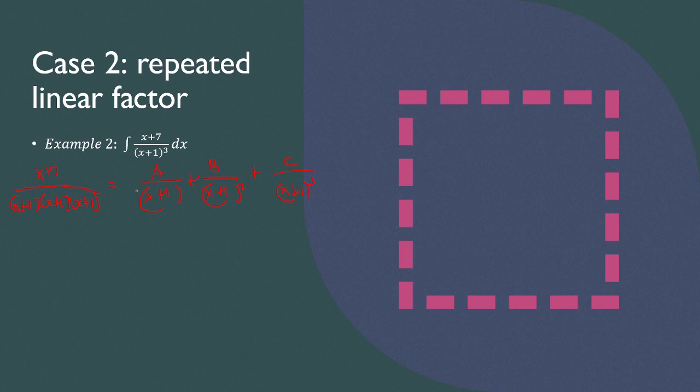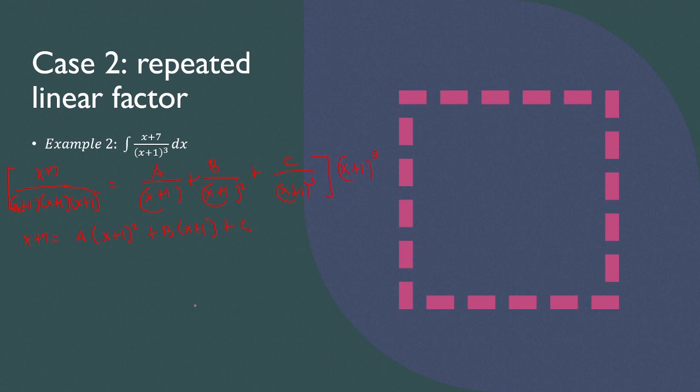Okay, so how are we going to get the values? We can still do the same. If you multiply everything by x plus 1 cubed, we can get x plus 7 is equal to a times x plus 1 squared, plus b times x plus 1, plus c.